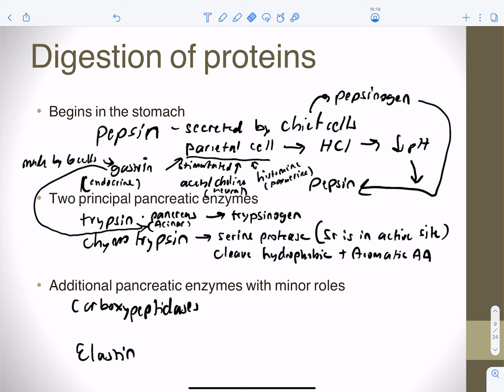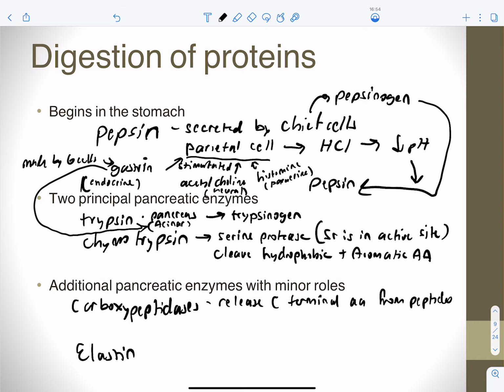Now we have our carboxypeptidases. Carboxypeptidases are going to release C-terminal amino acids from peptides. They're going to hydrolyze these peptides at the end of the protein, and they're going to be classified by their active site again, similar to our serine proteases.